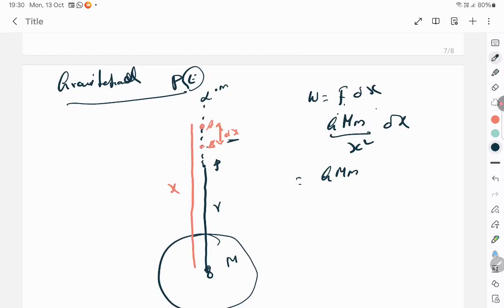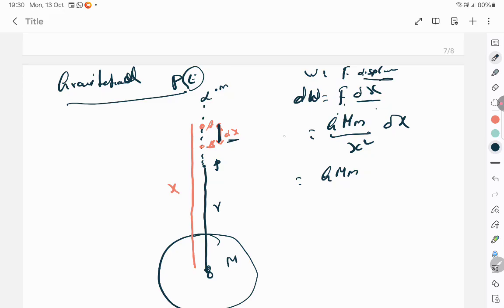G capital M small m. Why are we multiplying the dx over there? Work done is force into displacement, as you studied in your earlier classes. The displacement is this displacement. Since there is dx, you should write only dW, you can't write W because it involves integration.